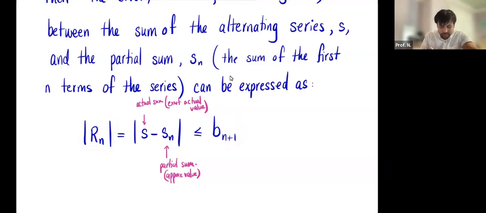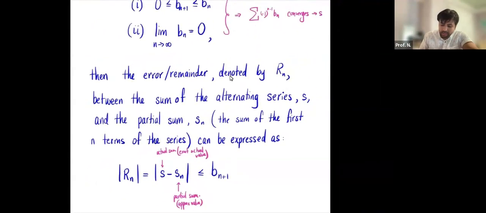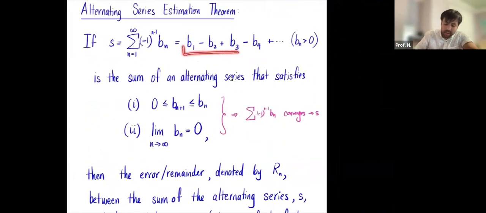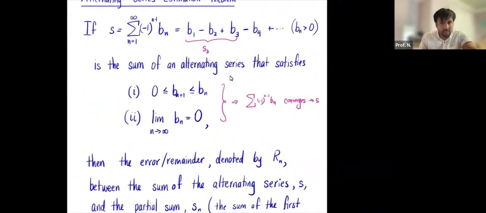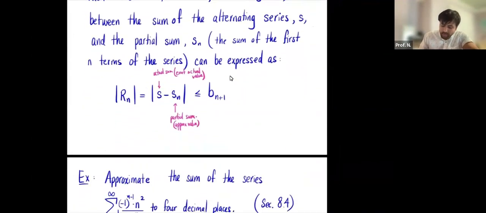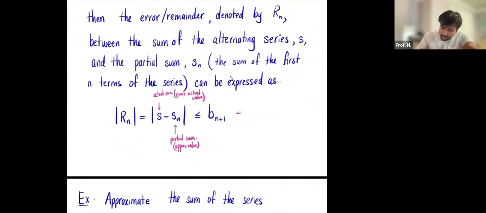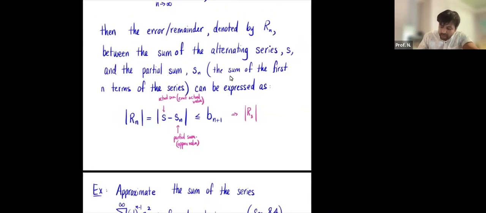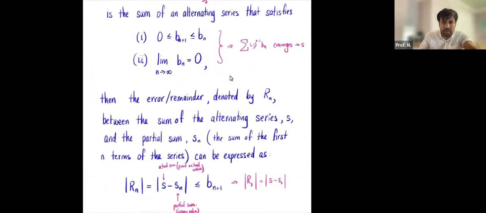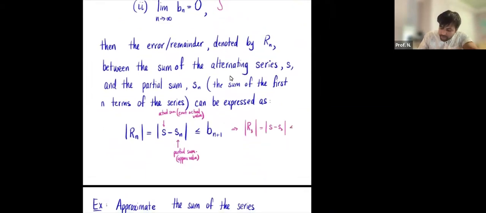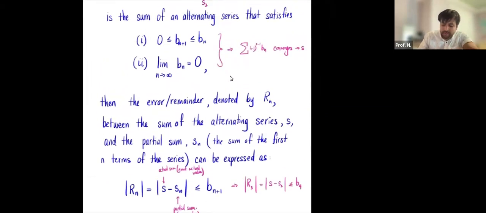So if I stop at the first 3 terms, if I add B1, B2, B3 together, this is the partial sum of the first 3 terms. Then, according to this theorem, the error made by subtracting the partial sum from the actual sum is going to be bounded by B sub 4, whatever B sub 4 is.